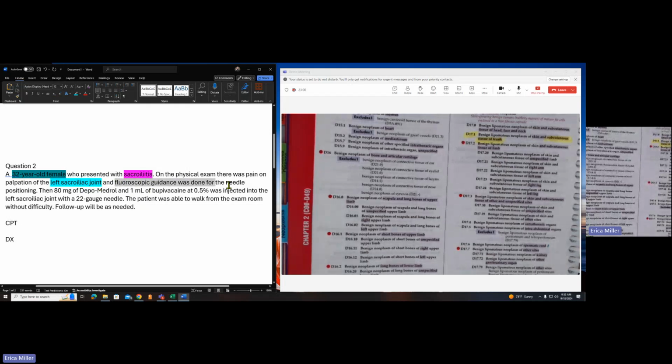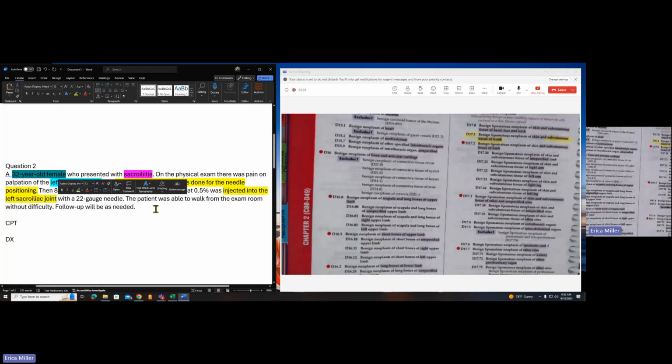All right, you know what? That's an important factor. I'm going to highlight that. And then what do we have? So we have fluoroscopic guidance for the needle positioning, and then we have what was injected. So the procedure is injection into the joint. What joint?